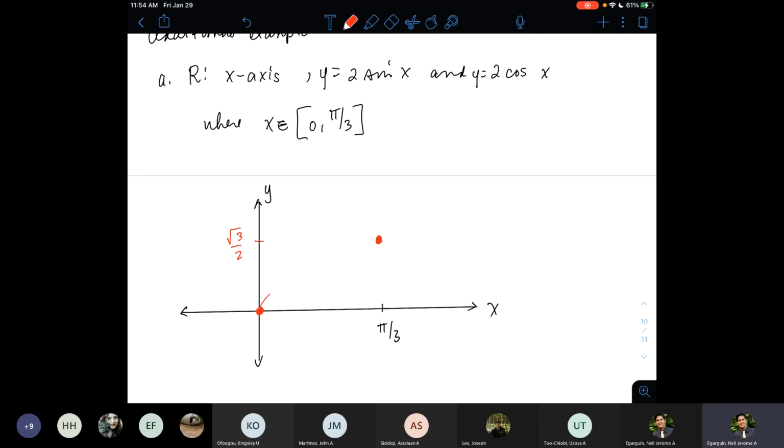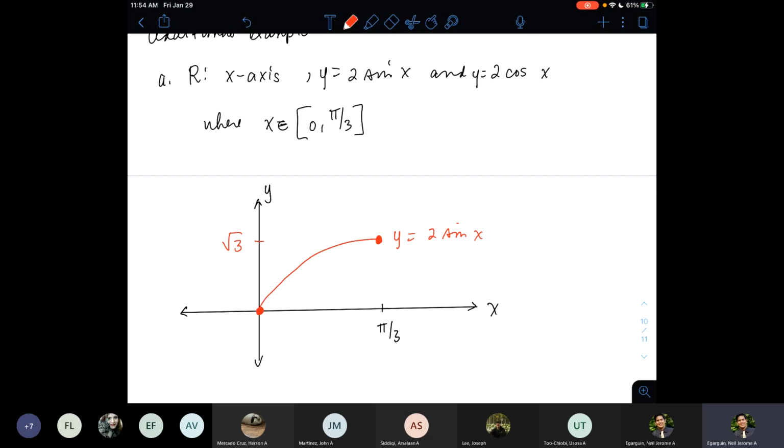Actually there's a multiplier 2, so that should be √3. I forgot to multiply it by 2 because our function is 2 sine x.